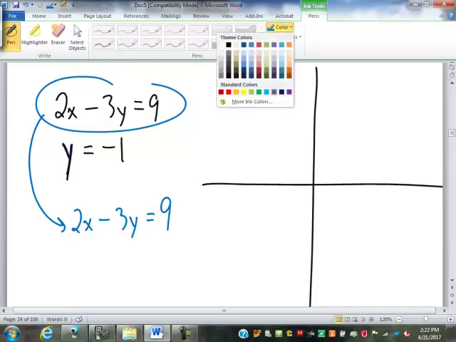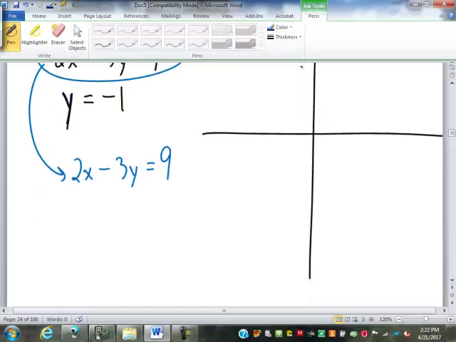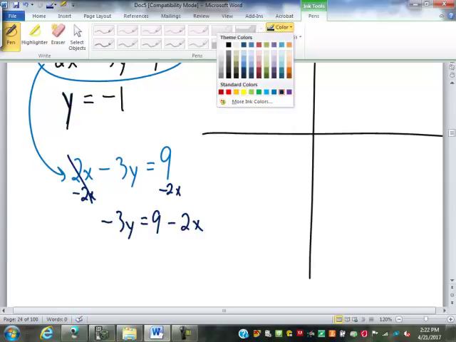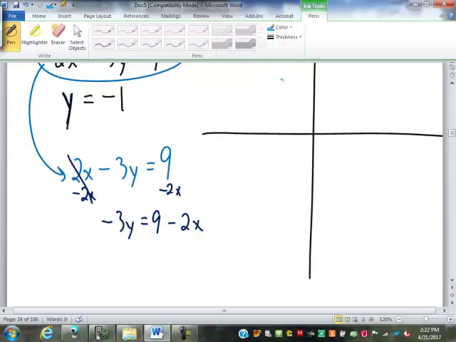So 2x minus 3y equals 9. What do I have to do first? Subtract 2x. So 2x is gone. I have -3y equals 9 minus 2x. What's next? Divide by -3. There we go. So the -3 cancels out.